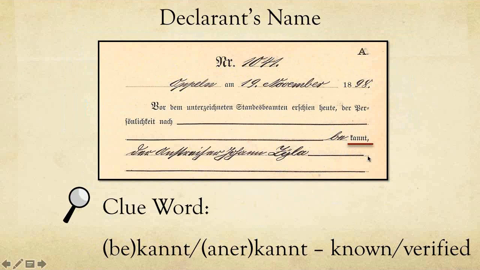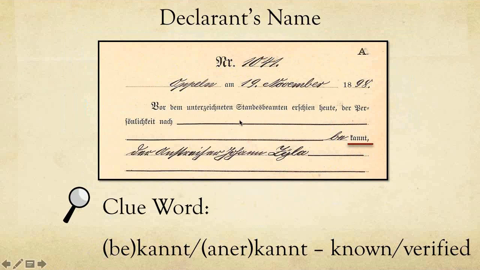If it's the word bekannt, which is what is here, B-E, that means that the person who came to the registrar and reported the birth, his identity was already known to the registrar. The registrar knew who he was. That means known.